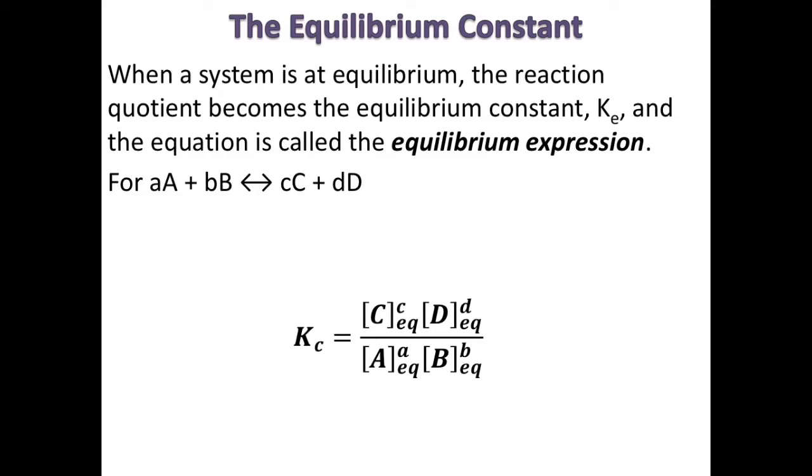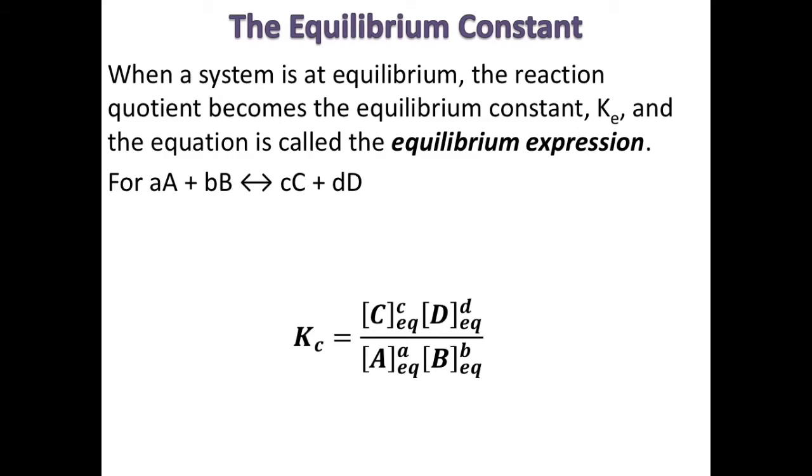When the system reaches equilibrium, our reaction quotient is represented by the equilibrium concentrations of the products over the equilibrium concentration of the reactants, and because they are stable over time, we call this the equilibrium constant, and the equation is called the equilibrium expression.